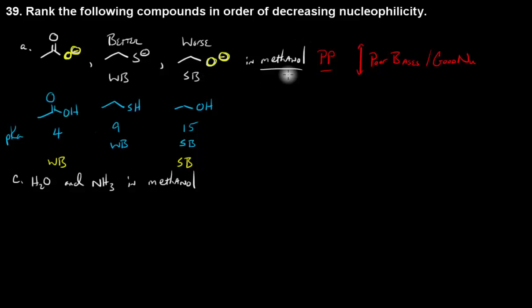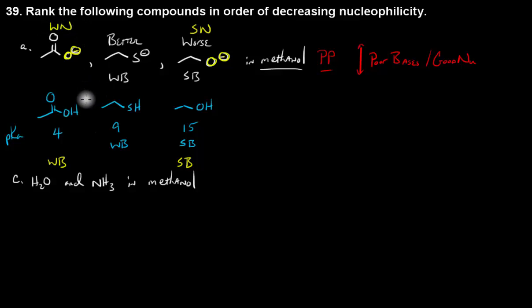So we don't have to worry so much about this inversion of nucleophilicity and basicity, and we can draw a direct trend. Between these two, the stronger base is also going to be the stronger nucleophile. So we have strong nucleophile and then weak nucleophile.